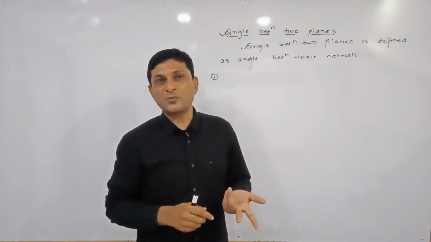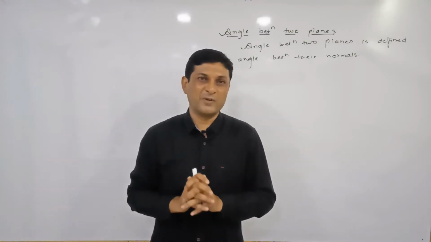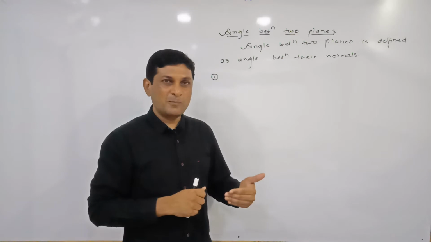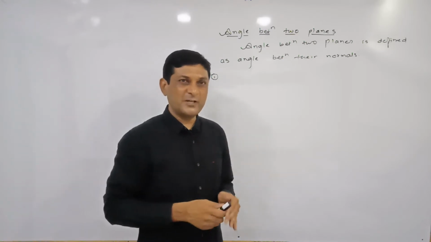Now normal means what? Lines, and we have seen how to find out angle between two lines. Now in the first case we are considering equation of plane in vector form, and we are finding one formula to find out angle between two planes.